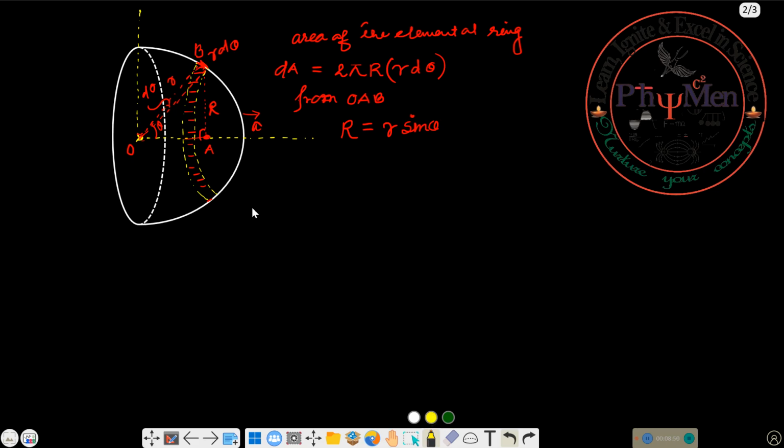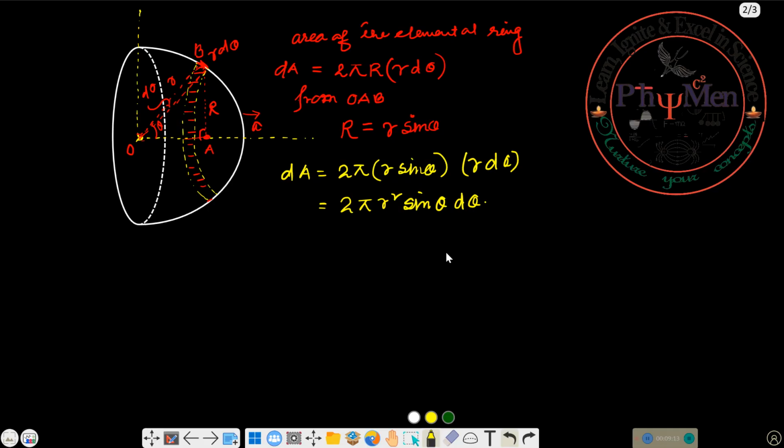So we can write dA as 2 pi r sin theta into r d theta. Okay, so for this we can write 2 pi r square sin theta d theta, correct?